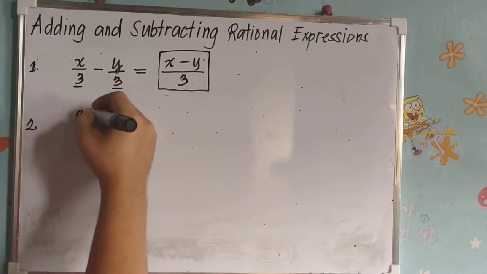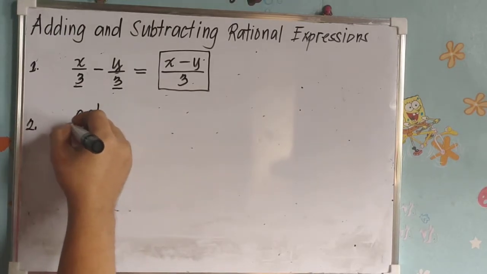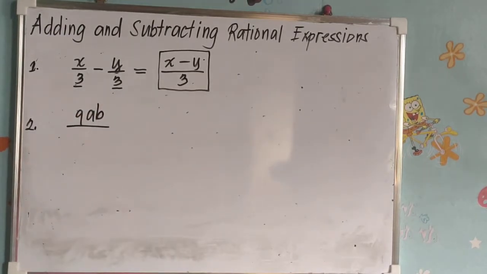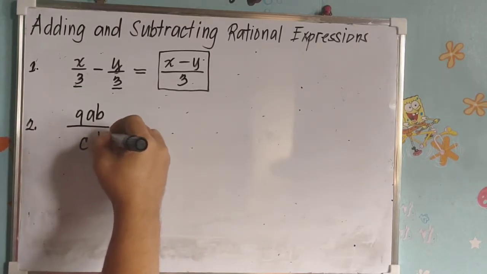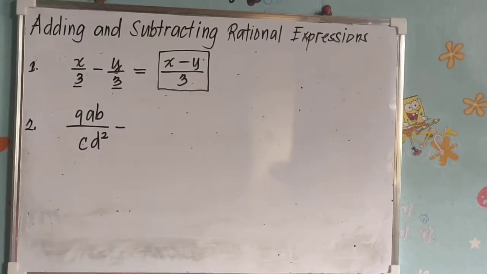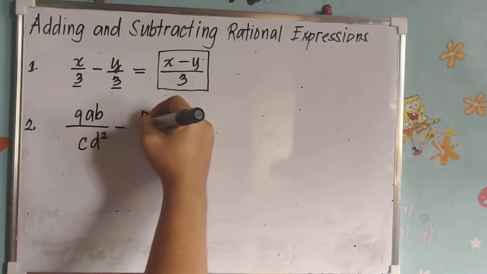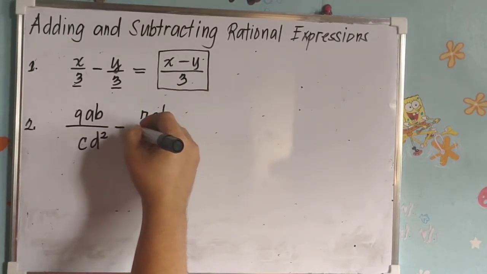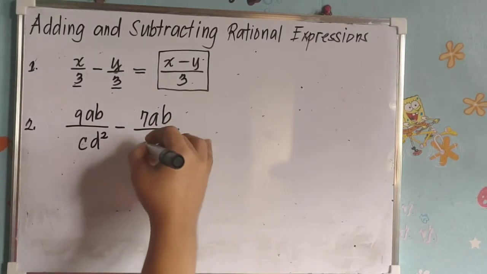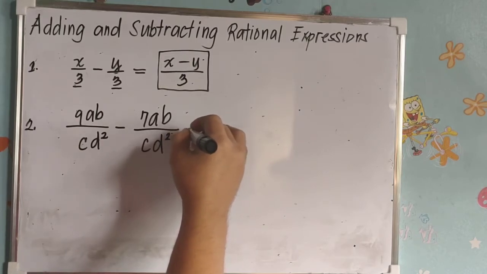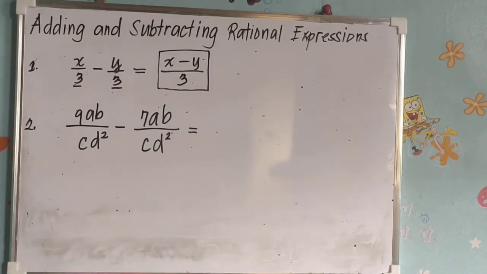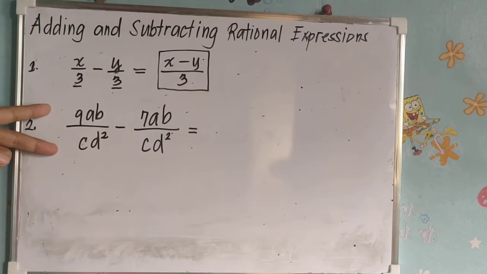Okay, and let's have our example number 2. We have 9ab over cd squared minus 7ab over cd squared. Just like our previous example, this is also a similar rational algebraic expression.